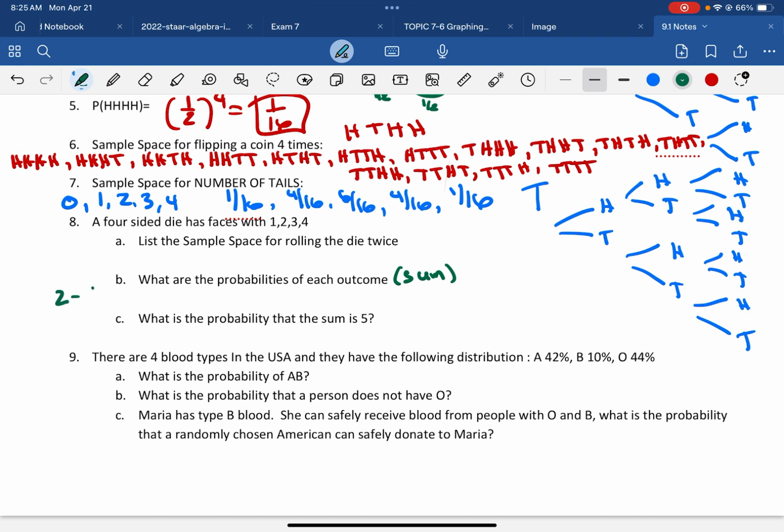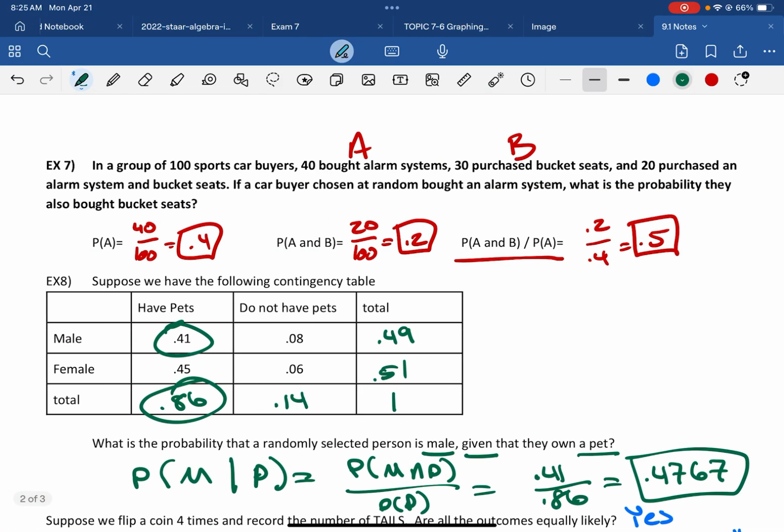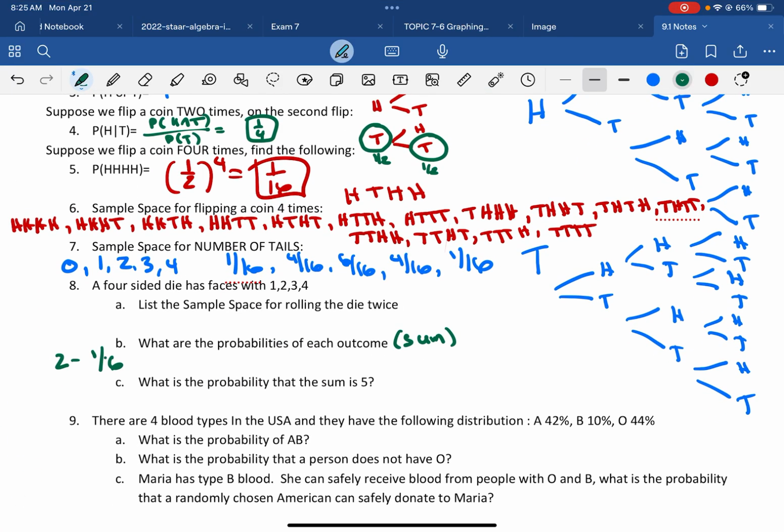That happened 1 time, so 1 out of 16. Let's talk about the probability of 3. It happened twice, and I'm not going to reduce right now. That's 2 out of 16, so you can see it.